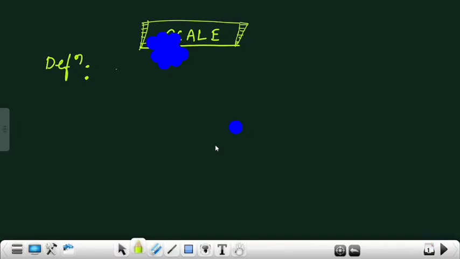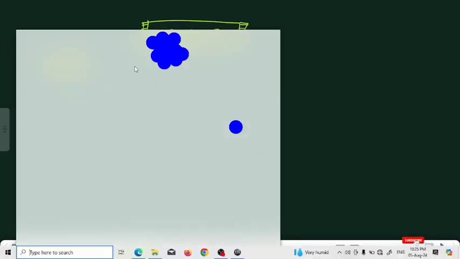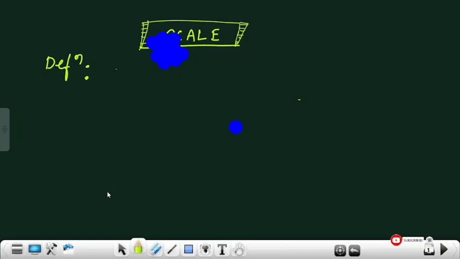So, what is scale? What is the definition of scale?